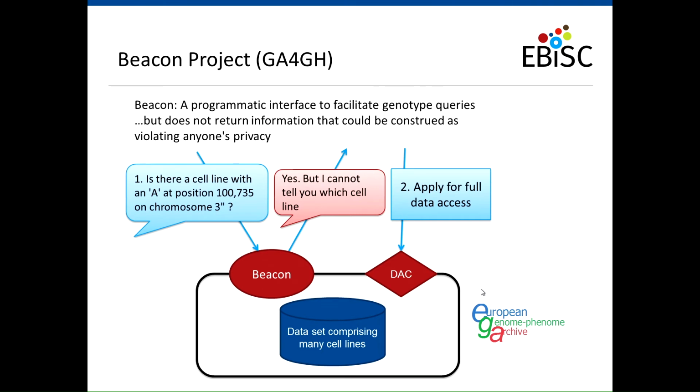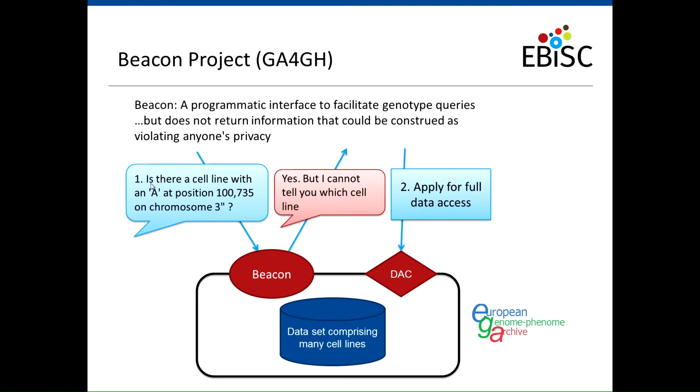EBiSC has one, but other providers might have the data deposited in different databases or with a different data access committee. So what we can do at the moment is this Beacon project from the Global Alliance for Genomics and Health, which facilitates an interface to genotype queries but does not return information that could be construed as violating anyone's privacy.